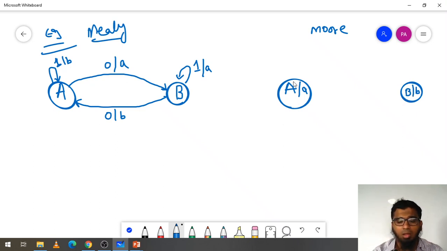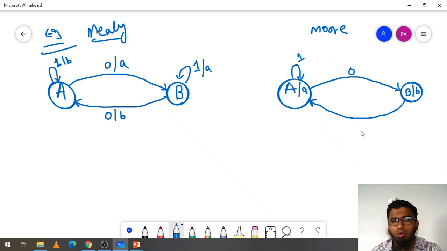So let's draw the same, and here it will not depend on the input, so no need of this. Same thing here, 0, here 0. Next is from B to A, the input is 1. Okay, and B on 0.